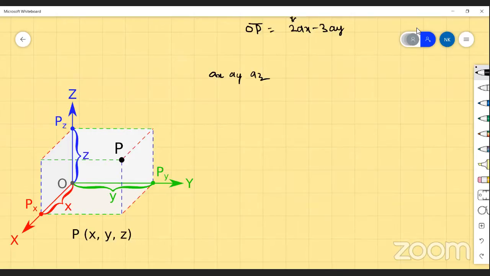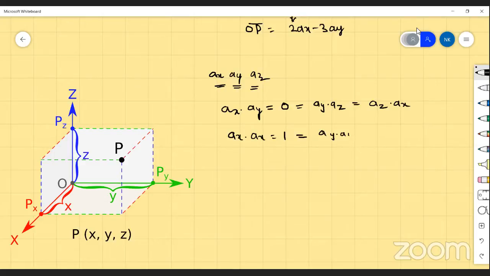All these three are in mutually perpendicular directions. Suppose you know the dot product of unit vectors: ax dot ay is equal to 0, equal to ay dot az, equal to az dot ax. Or else you can write that ax dot ax is equal to 1, equal to ay dot ay, equal to az dot az.